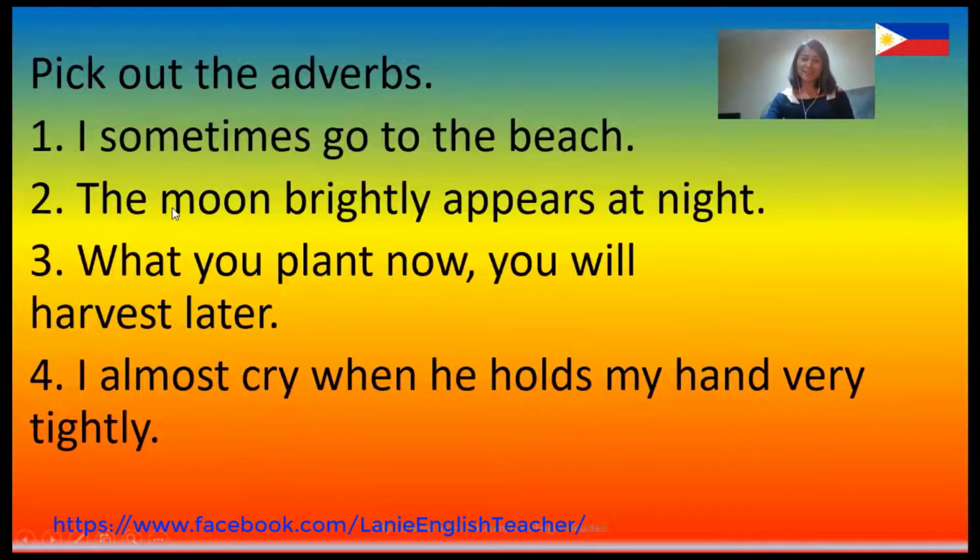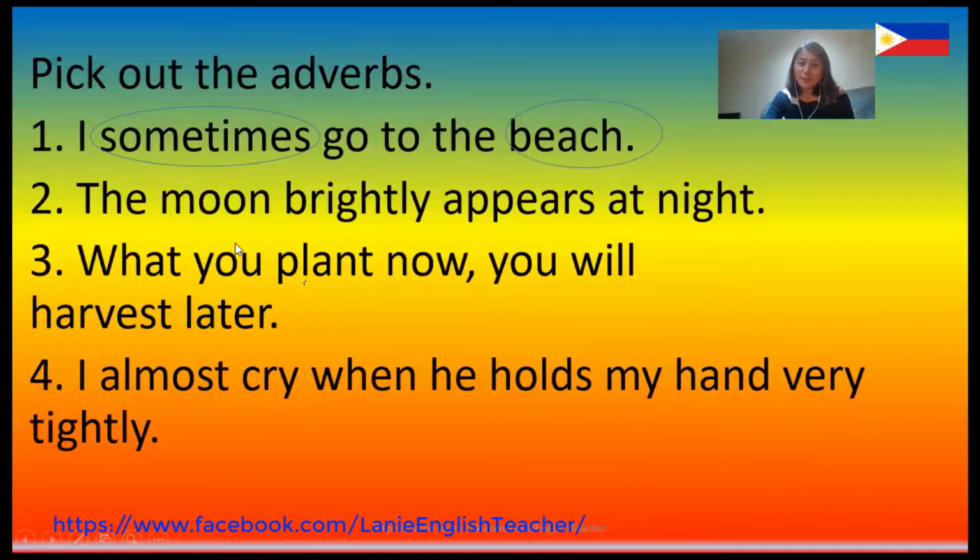Let's do it together. Number 1, the adverb here is sometimes, because it tells how often I go to the beach. And another adverb here is beach, because it tells where do I go, right?